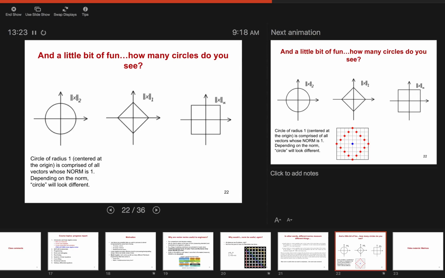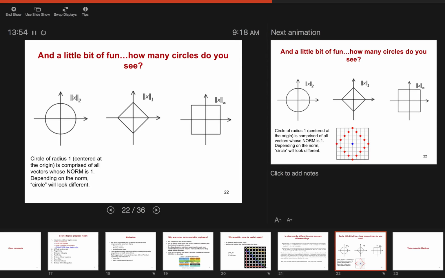Now, if my world was seen through L1 norm glasses, what would a circle look like? Which one of these? Does the second picture look like a circle to you? But it actually is an L1 norm circle. So this is the world skewed through the glasses of the L1 norm.